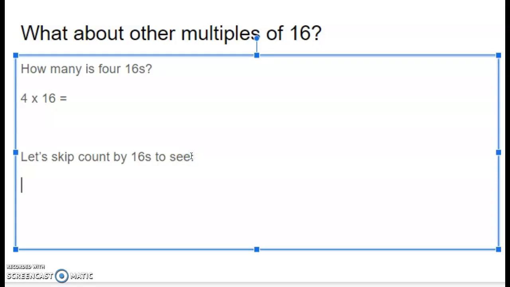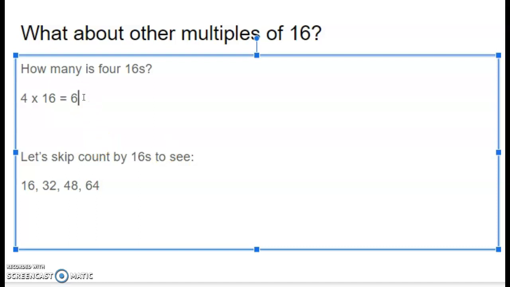So multiples of 16 would be 1 times 16, which is 16, 2 times 16, which is 32, 3 times 16, which is 48, and 4 times 16, which is 64.